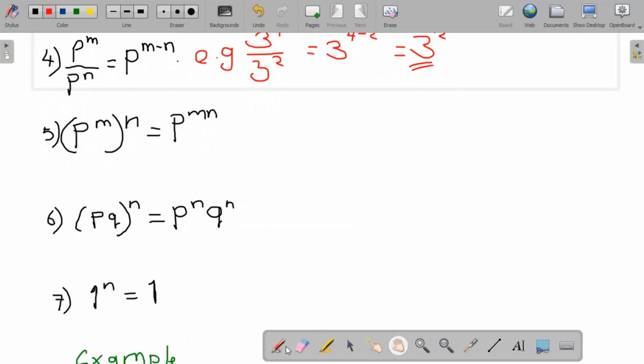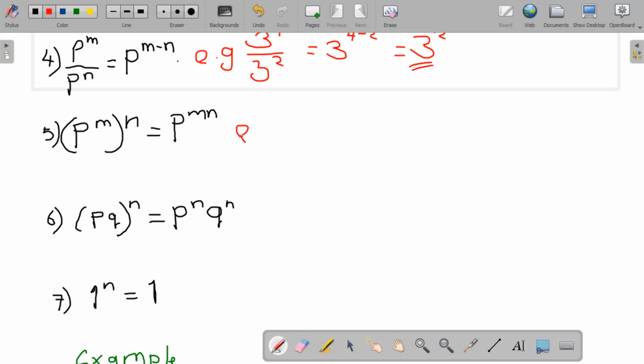We go to rule number 5. Rule number 5 says that when you have a number which is raised to a certain power, and then there is another power outside the bracket, so this number is raised to the power m, and then again raised to the power n outside, what do you do to the powers? You multiply the powers.